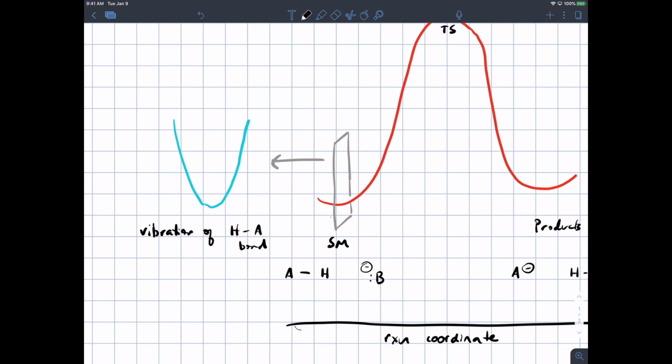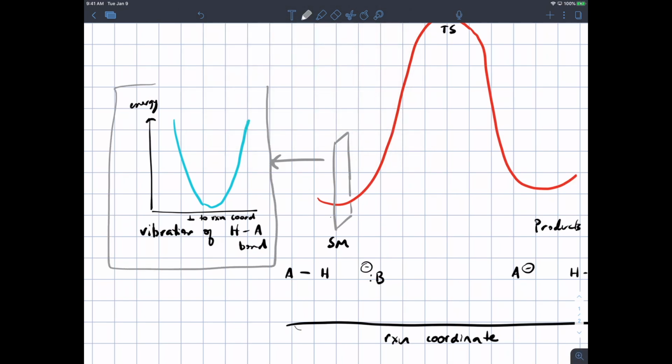Okay, and this axis will be energy, and this axis is going to be vibration perpendicular to the reaction coordinate. And I'll just draw the gray panel to remind you that we've taken a slice of the three-dimensional reaction coordinate at the starting material, and this is the cross-section that we're seeing.